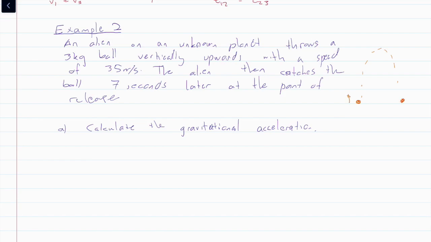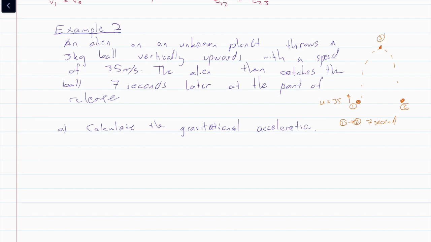Our initial velocity is 35 upwards. The ball is 3 kilograms and it takes 7 seconds. I'm going to say that's 1 and that's 2. So from 1 to 2, we take 7 seconds. I'm going to say this is 3.